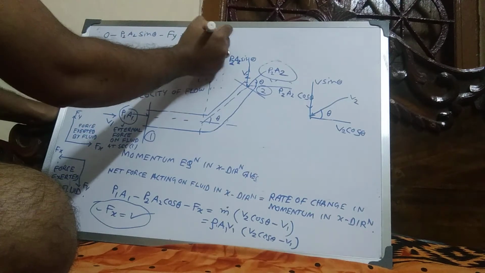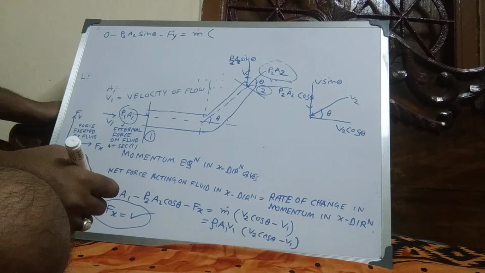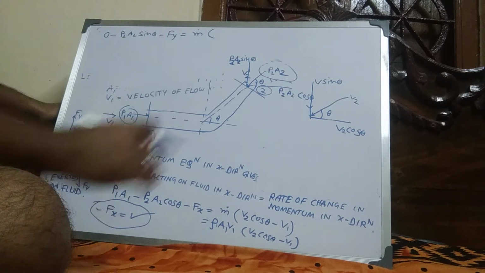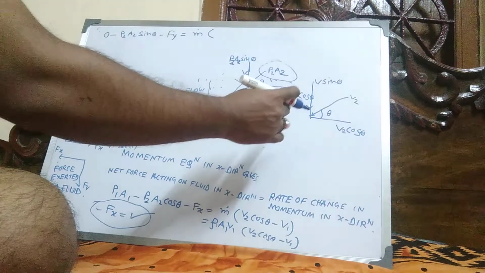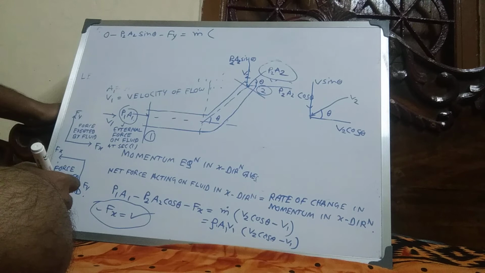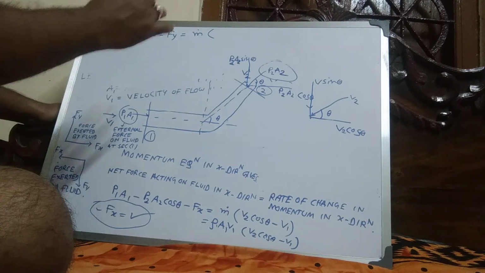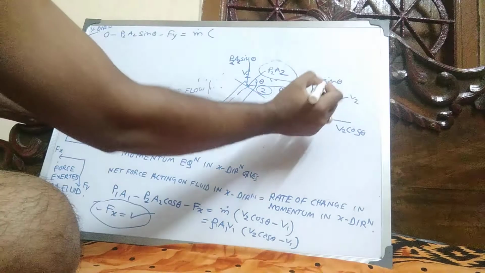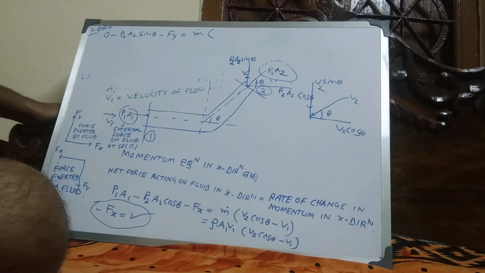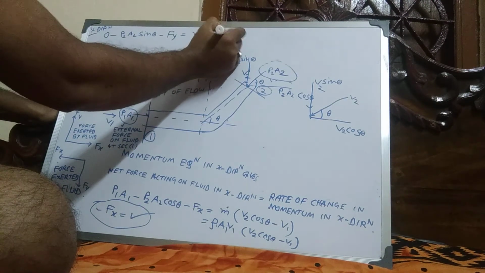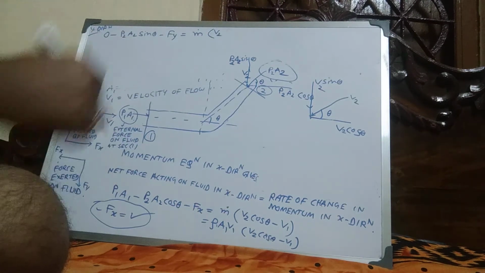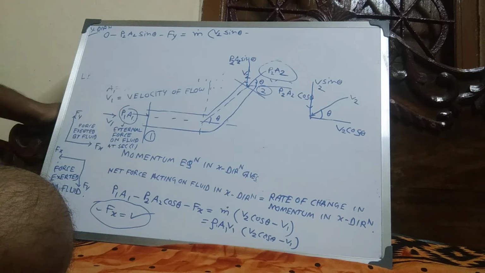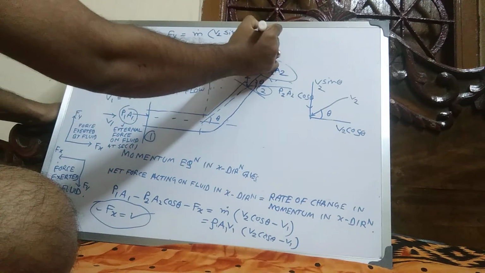Now momentum, change in momentum and velocity. Now this is the mass flow rate into velocity. The final velocity in y direction is V2 sine theta, and initial velocity in y direction is 0.